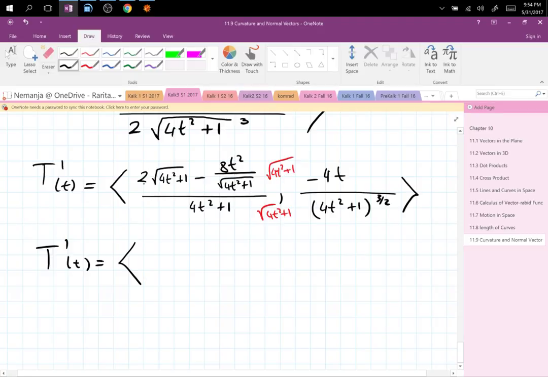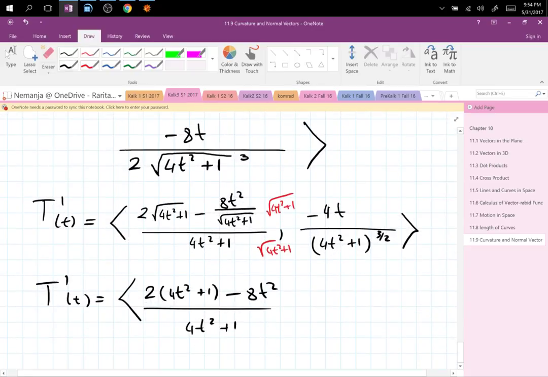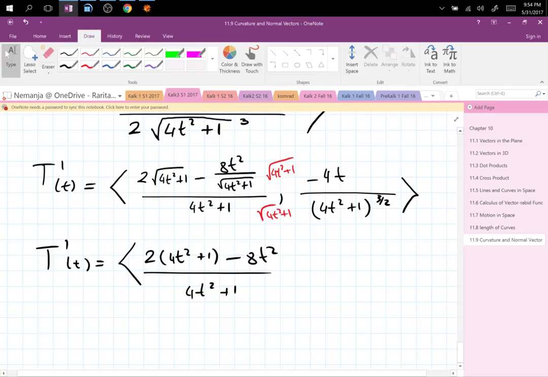So square root times square root, you get 2 times 4t squared plus 1, minus 8t squared, since these roots cancel. Divided by, and look, you have the same denominator, to the 3/2.